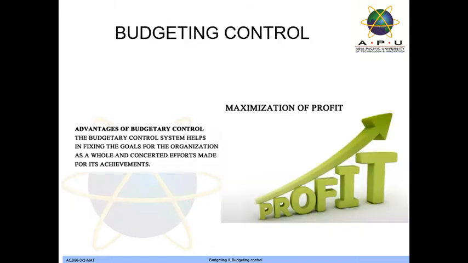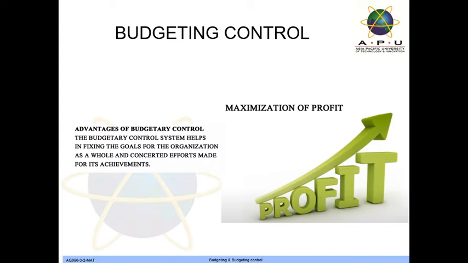Okay, now we go to advantages of budgetary control. Budgetary control system helps in fixing the goal for the organization. As I told you, the organization has a goal, what goal they want to achieve as a whole, and they also have to make effort in order to achieve it.